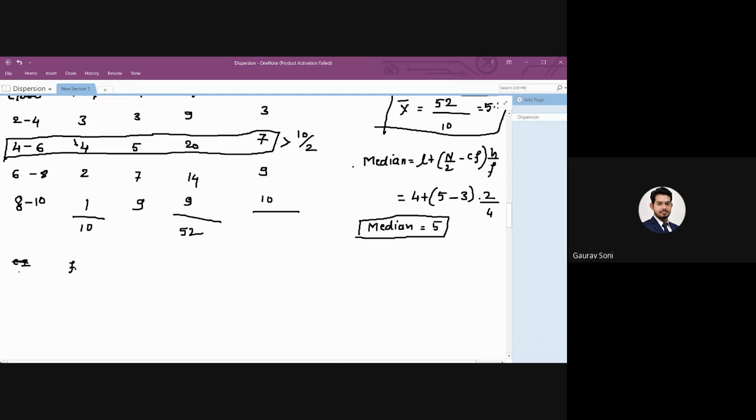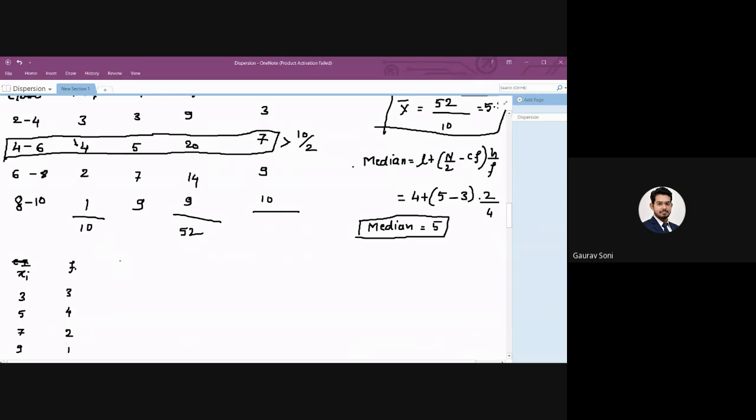No need to write down the class intervals. The values are 3, 5, 7, 9. The frequencies are 3, 4, 2, 1.